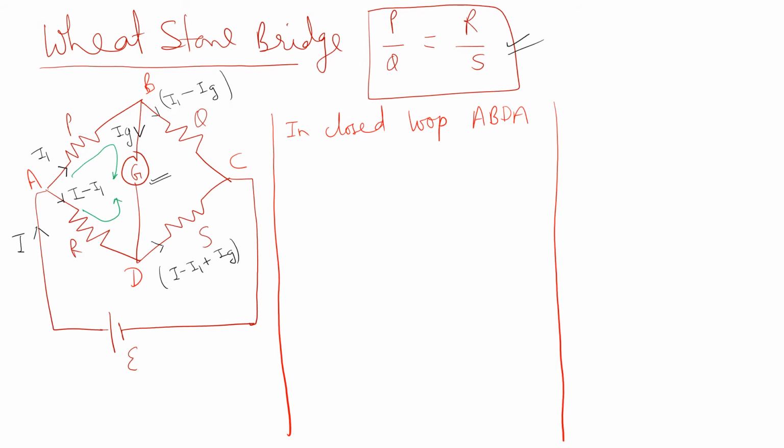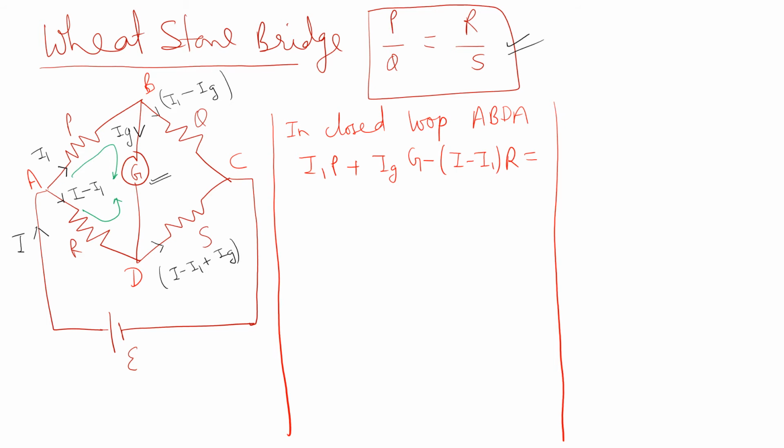So what you will obtain here is I1P plus IgG, and what is G? G is the resistance of the galvanometer, I am assuming, and minus (I minus I1) into R, since in this circuit, that means A, B, D, A, there is no cell between these points.